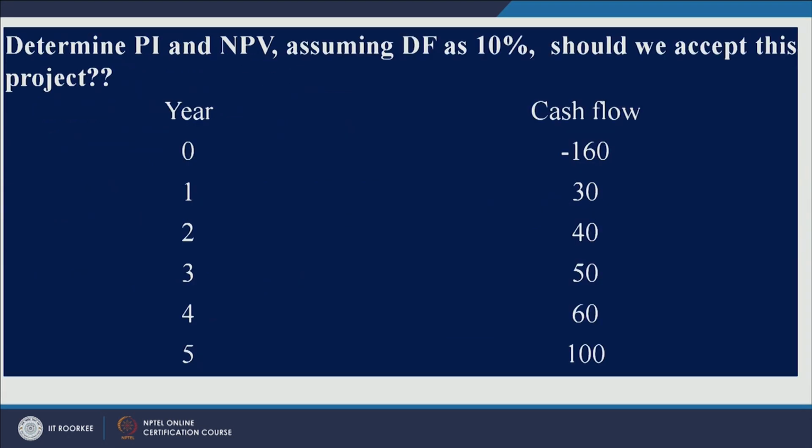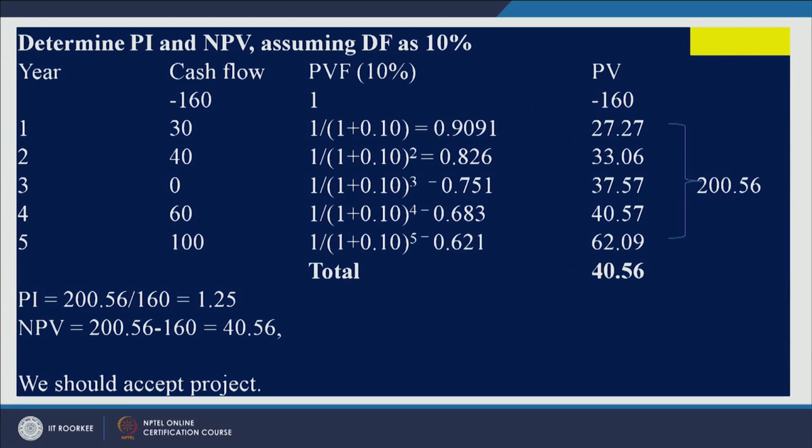Here you need to calculate PI and NPV, and you are given the discounting factor as 10%, right. So should we accept or reject this particular project? First of all you need to find out the present value factor for all these years. This is your 0th year.